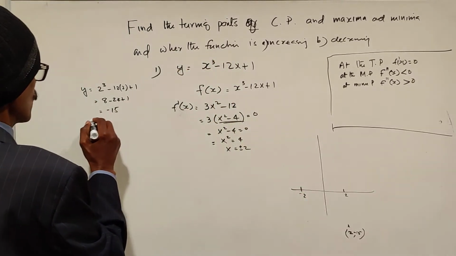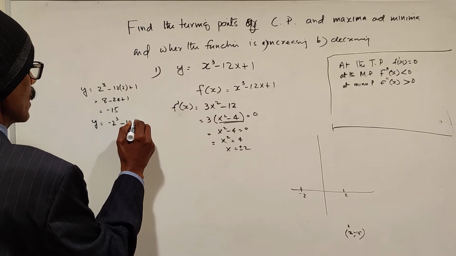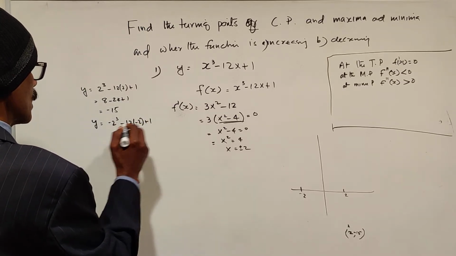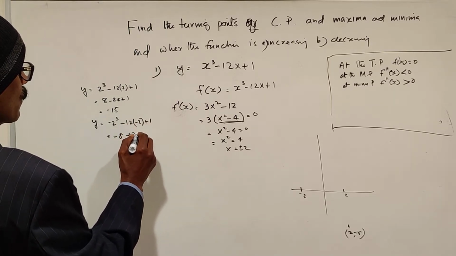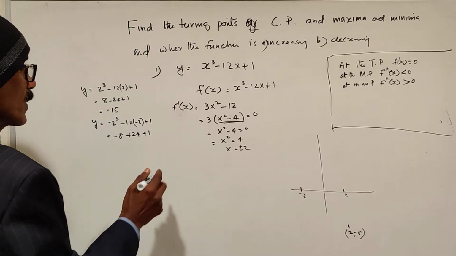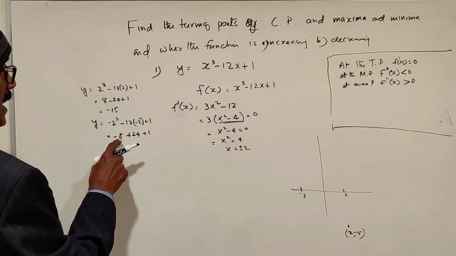Next, minus 2. When x is equal to minus 2, y equals minus 2 cube minus 12 into minus 2 plus 1. Minus 2 cube is minus 8. Minus into minus is plus 24, plus 1. 24 plus 1 is 25. 25 minus 8 is 17, right?